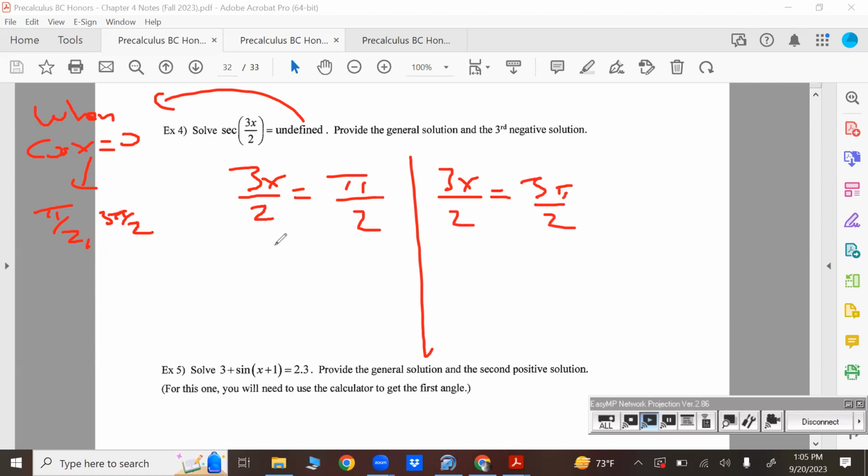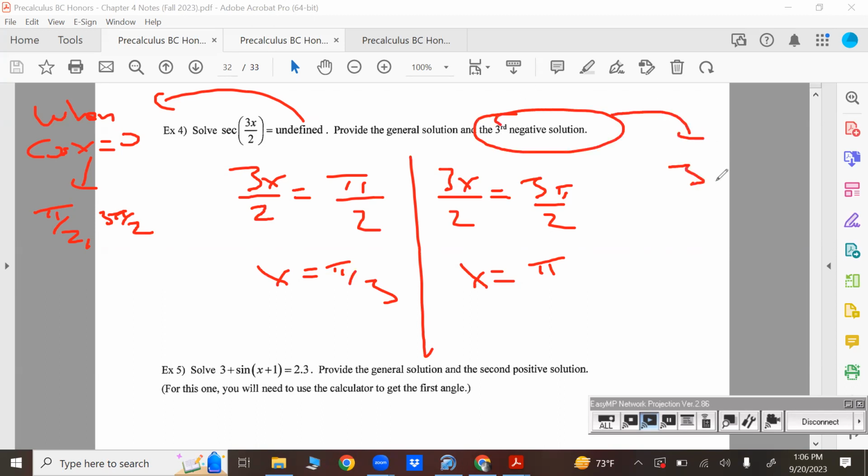Okay, so then x would equal pi over 3, or x would equal just pi, is that right? Okay. So if I were to find the third negative solution, I'd have to set 3x over 2 equal to what, guys? If I go backwards, the first negative solution is negative pi over 2, then negative 3 pi over 2. You have to equal negative 5 pi over 2.